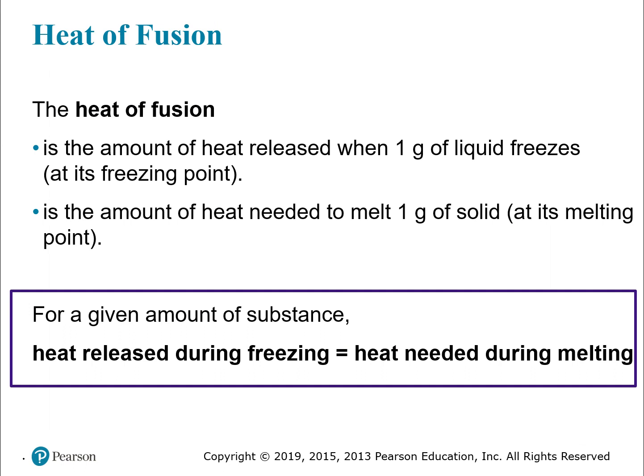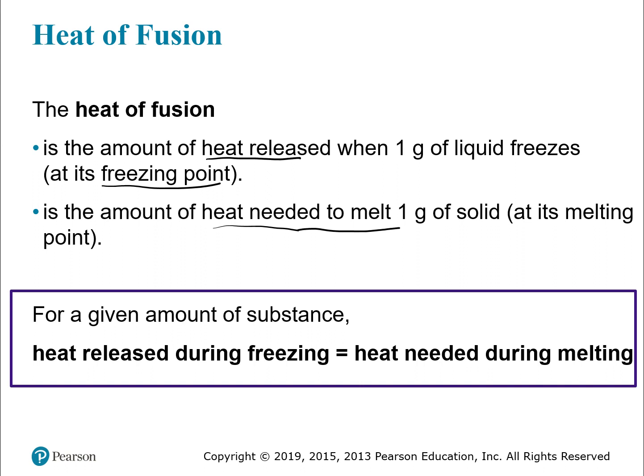Moving on to talking about heat of fusion and eventually heat of vaporization. What these terms do is we're talking about the amount of heat that is released or needed for a change of state. With the heat of fusion, we're talking about the amount of heat released at its freezing point or the heat needed to melt at the melting point.